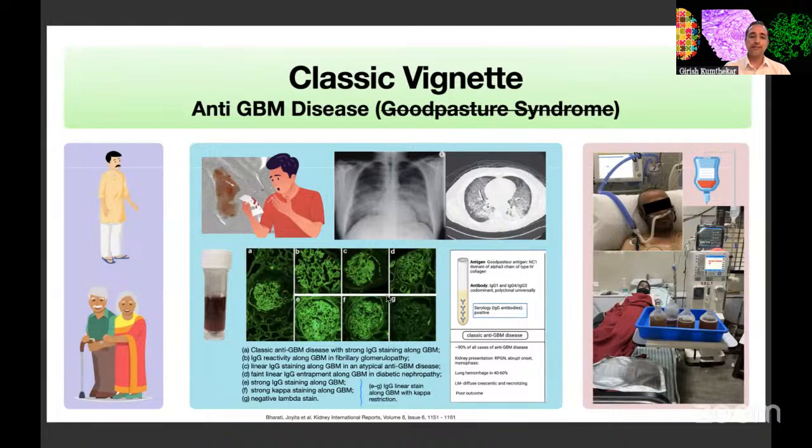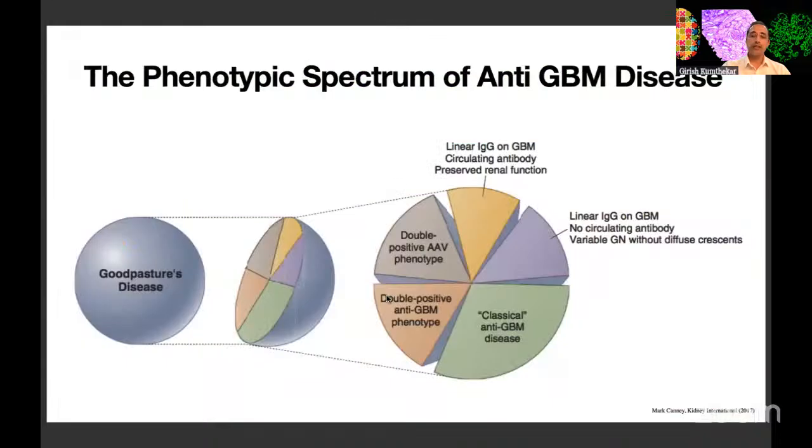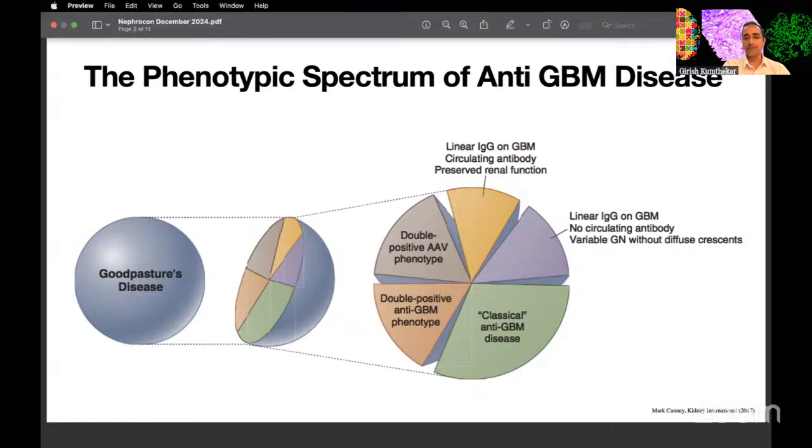Next slide. So this is the phenotypic spectrum of anti-GBM disease. So we have double positivity where the two diseases coexist, like ANCA-associated vasculitis with a double positive anti-GBM phenotype. Sometimes we get the antibodies which are not present in the circulation, but they are present in the biopsy.